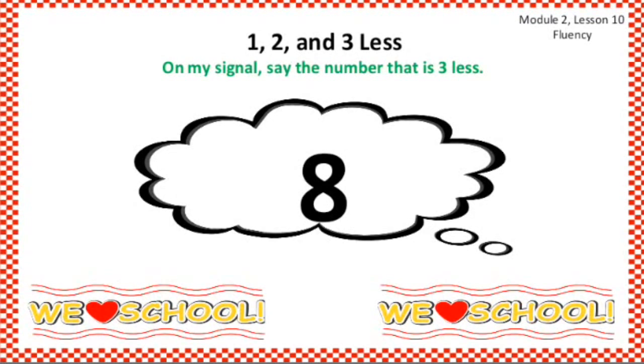Over 8, 7. 4, 3, good. 9, 8, very good. 7, 6. 5, 4. 3, 2. And the last 6. Take away 1, 5. Clap for yourself.